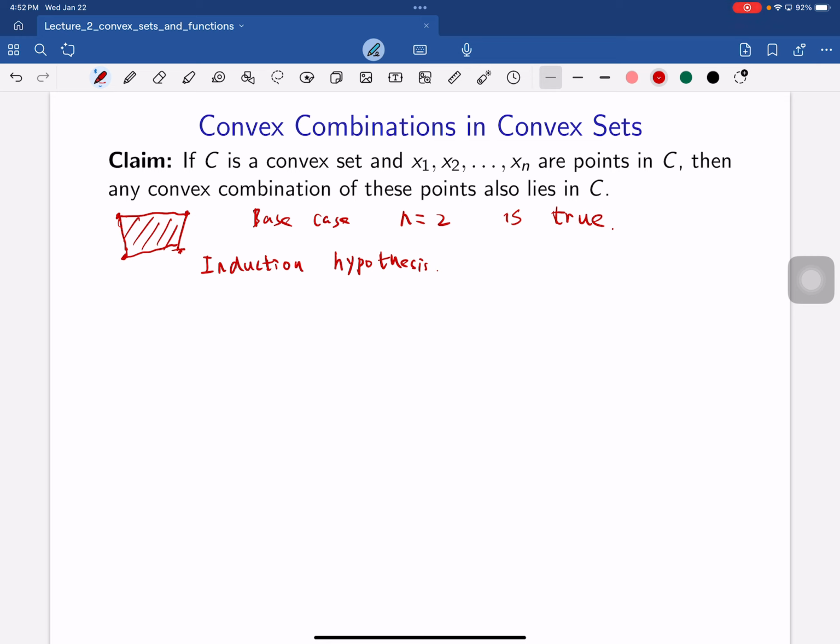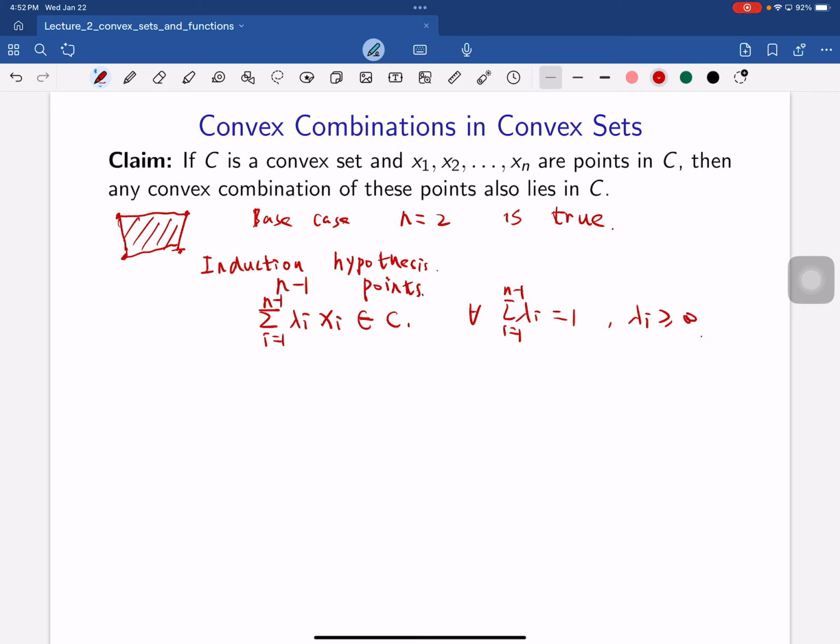So that means for n minus 1 points, their convex combination, sum over i from 1 to n minus 1 of lambda_i x_i, is in the set C for any arbitrary lambda_i greater than or equal to 0 summing to 1, right?